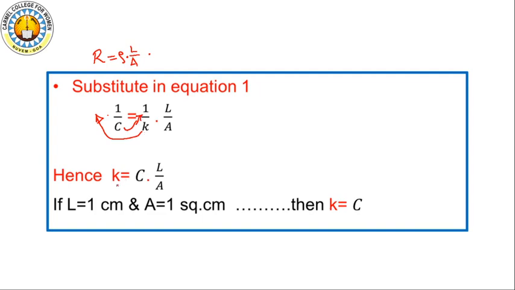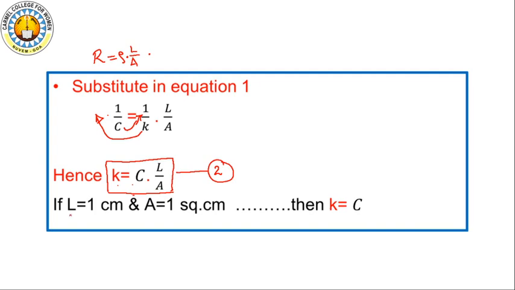And your equation will become K is equal to C into L upon A. So if you want to find out specific conductance, then we have to make use of this particular equation. Okay, so this is another very important equation. You can number this as equation 2.